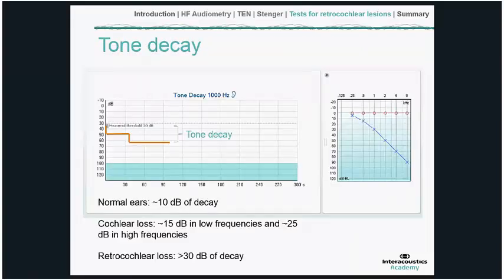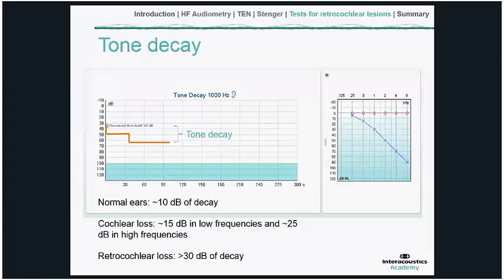What I'm displaying on the right there is an audiogram, the type of asymmetrical audiogram that you might expect in someone with a retrocochlear lesion like was shown on the previous slide. Although the pattern in any individual is highly variable, it's quite typical to see a high frequency loss like this.